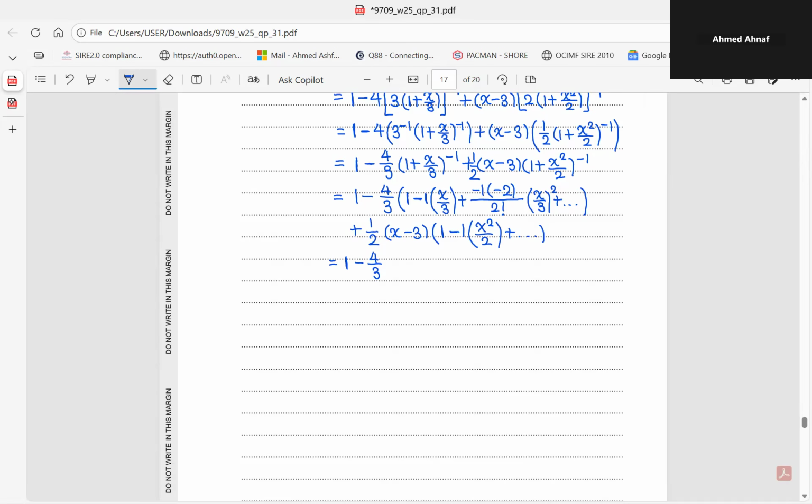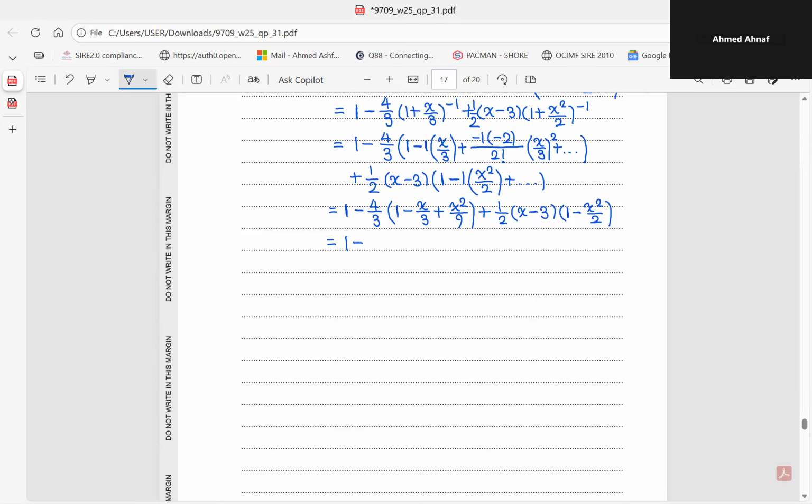So 1 minus 4 over 3 times (1 minus x over 3, then minus 1 times minus 2, that's 2 over 2 factorial, that's 1, so plus x squared over 9), plus half times (x minus 3) times (1 minus x squared over 2).